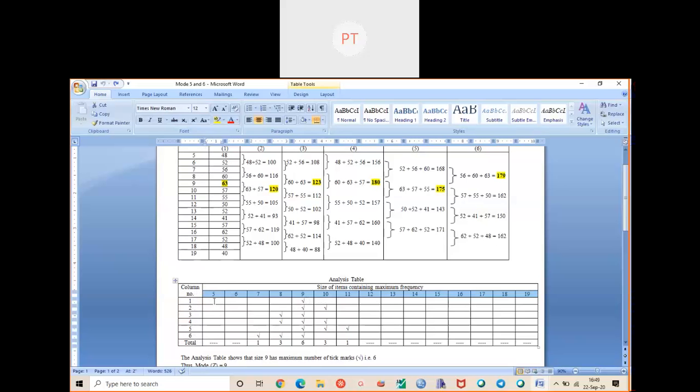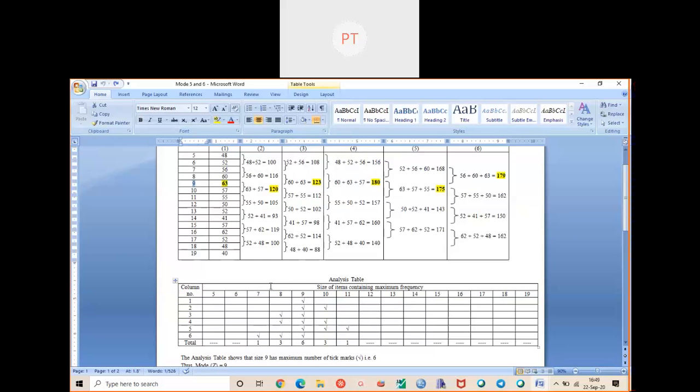Now you can see here in column number 1, we can see which value has the maximum number of frequency. 63 is the highest frequency, right? So this is for which value? Value number 9. So we will do the tick here.